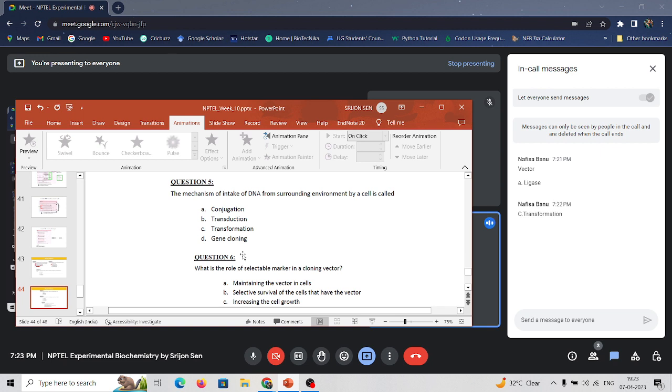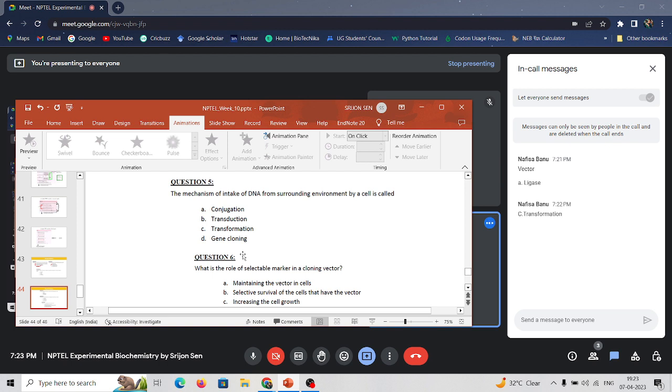Anyways, option C is correct. When you are taking DNA from the surrounding environment, it is called transformation. Transduction is the process by which a virus transfers the genetic material from one bacterium to another.